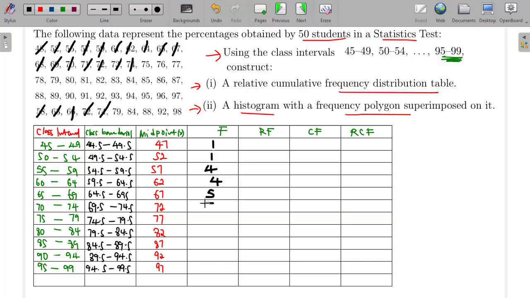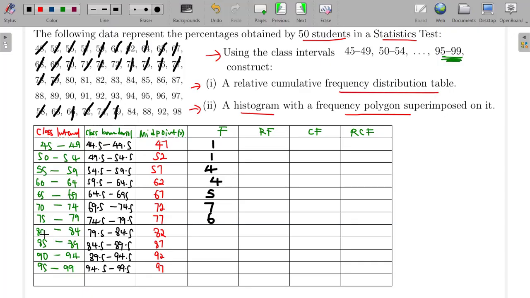So I'm going to find 7 there, the ones that are between 70 and 74. Then between 75 and 79, I have 1, 2, 3, 4, 5, then 6. So I write 6 there.